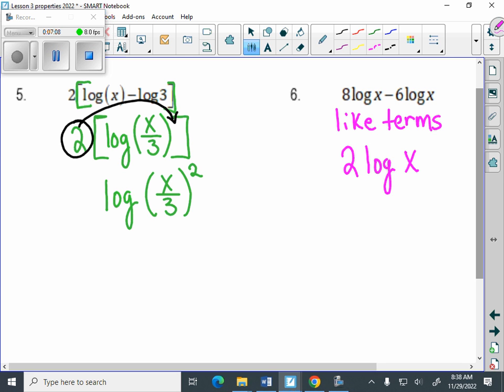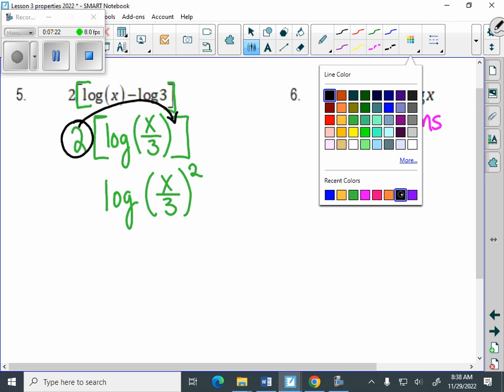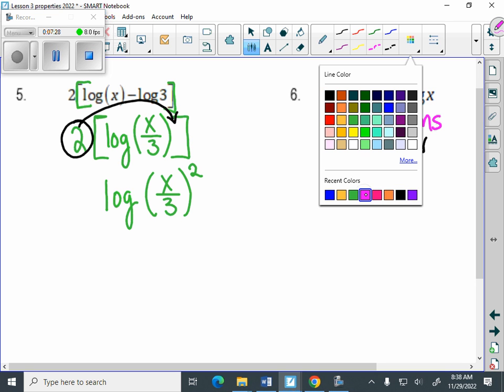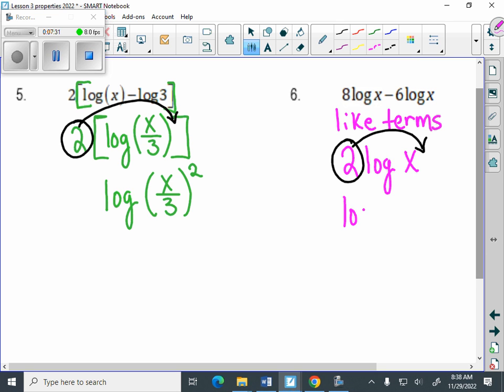And now that we know that, one more time we need to apply this power property of logarithms, which says that if we have a coefficient, a number in front of the logarithm, then it is going to become an exponent. So we're going to take this value of 2 and make it an exponent. We're going to get log of x squared.